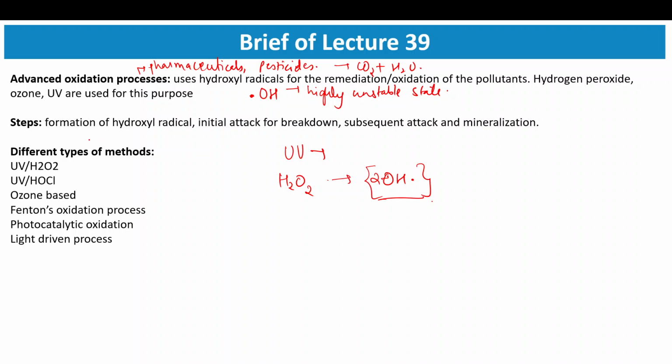So you can use H2O2, where two hydroxyl radicals are formed, and this hydroxyl radical formation can be enhanced by using UV, because UV will provide some excess source of energy which will result in faster formation of hydroxyl radical.